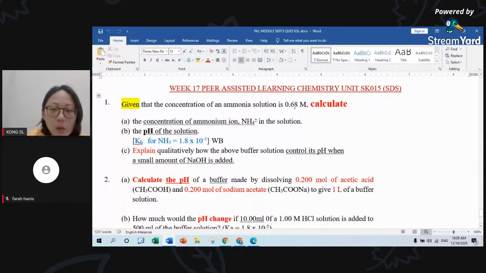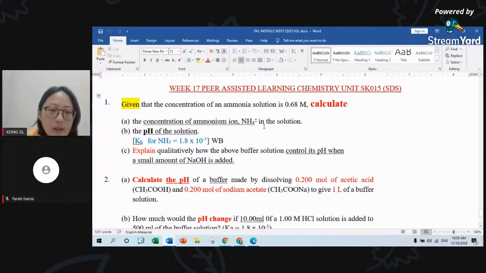The question asks the concentration of ammonium. You have to take note, ammonia is NH3, a weak base, and ammonium is the conjugate acid. It's a different thing, this one with NH4+. According to the definition of a Bronsted-Lowry base, ammonia will accept a proton, then form the conjugate acid in the solution.